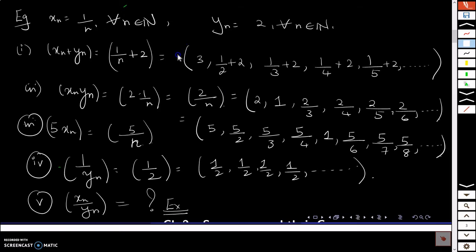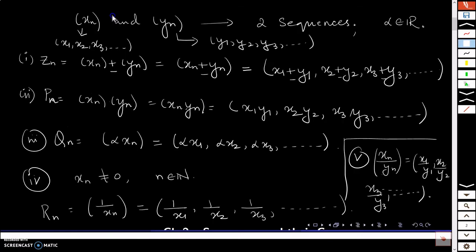Now, one question to think here is, if the sequence xn converges to some point a, let's say the sequence xn converges to a and the sequence yn converges to b, then where do you expect the sequence xn plus yn to converge?